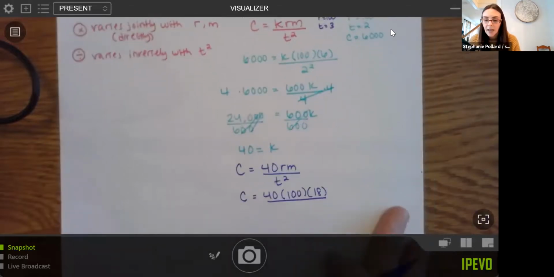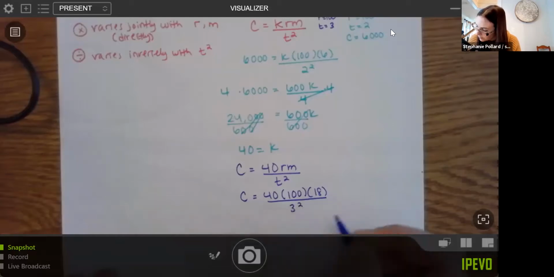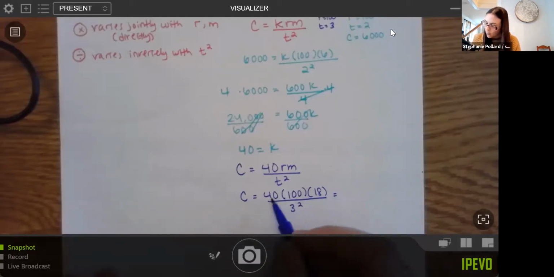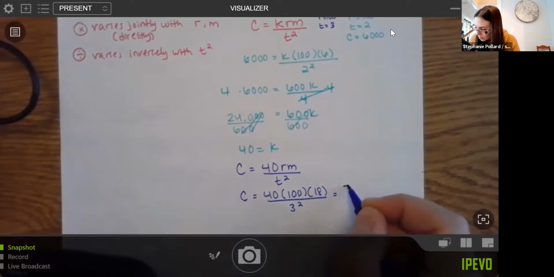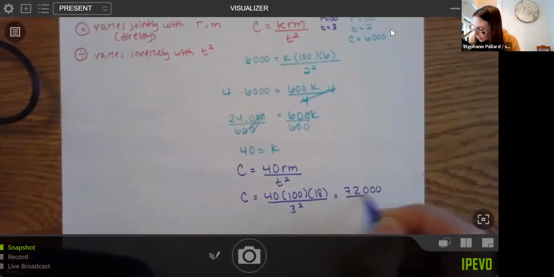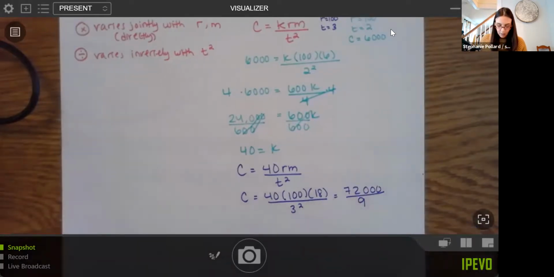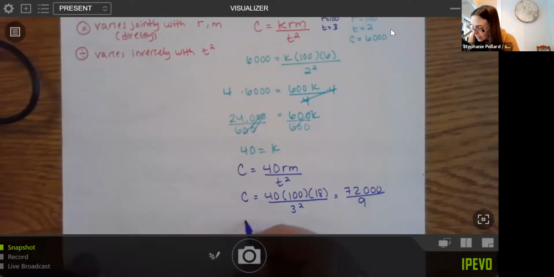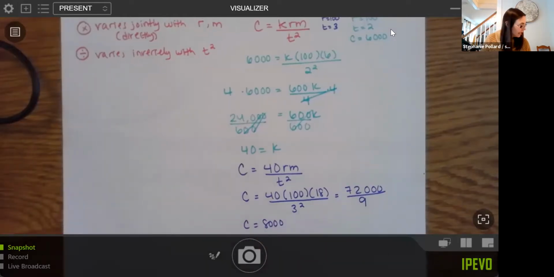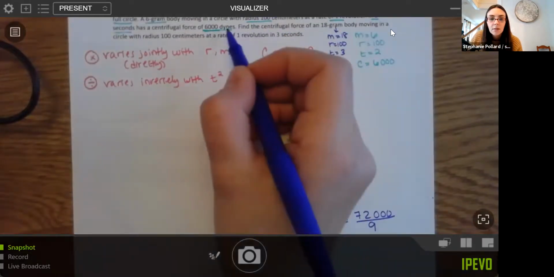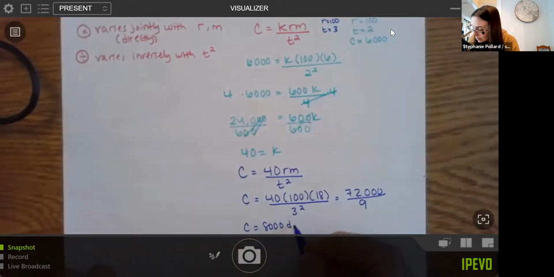And then my time is 3, so 3 squared. All right, so let's see. 40 times 100 is going to be 4,000. And then multiply that by 18, and I get 72,000. I'm just using my calculator here. 3 squared is 9, and when I divide that by 9, I have 8,000. So my answer here is going to be 8,000. And again, go back to your units. So our units here are dynes. So 8,000 dynes.